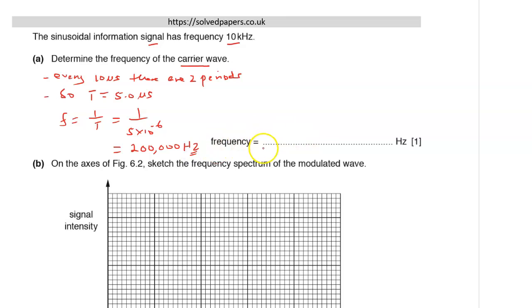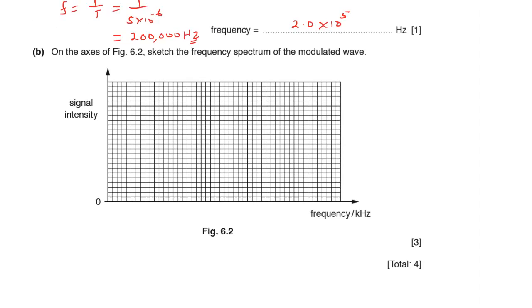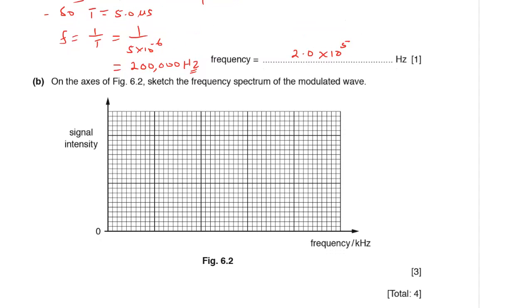So the frequency of the carrier wave is 2.0 times 10 raised to power 5 hertz. You can give it in the long form also, but standard form is 2.0 times 10 raised to power 5 hertz. That's the frequency of the carrier wave right there.